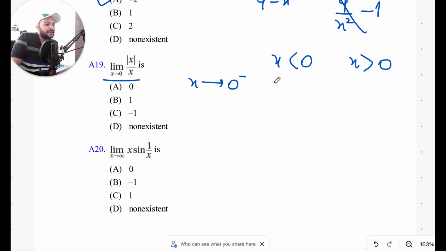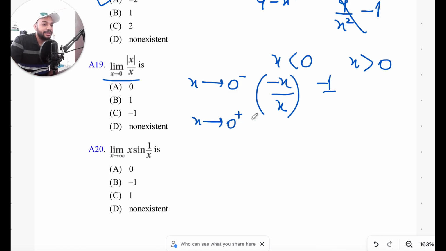This mod of x would become negative x over x, so this becomes negative 1. For x tending to 0 plus, that is slightly greater than 0, coming from the right, mod of x would be x over x, which is 1. So left hand limit is minus 1, right hand limit is plus 1, not equal. The limit does not exist.